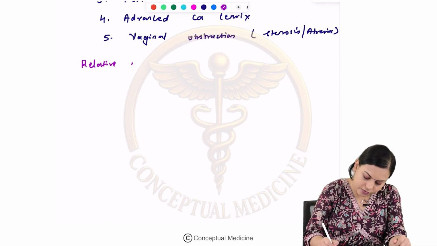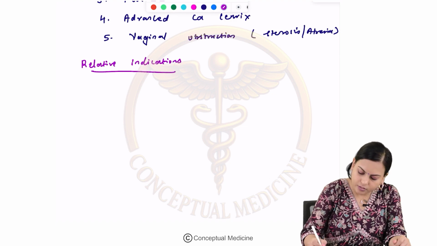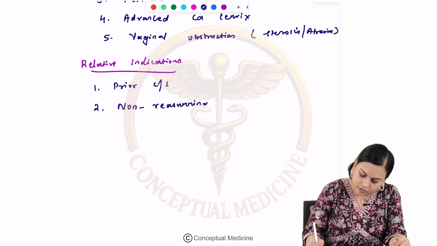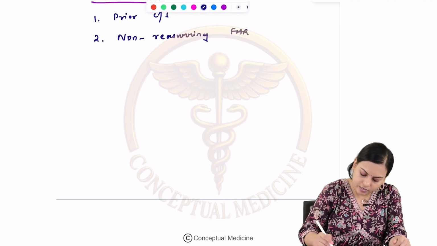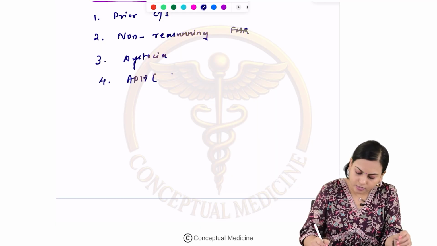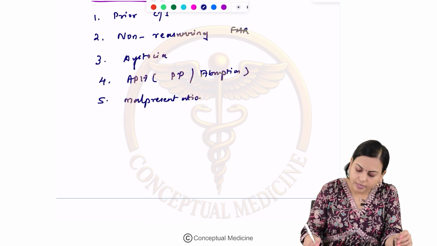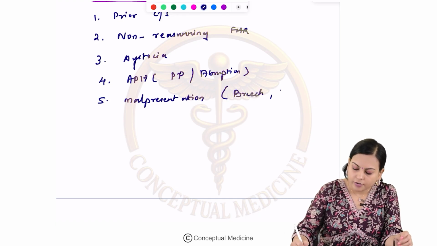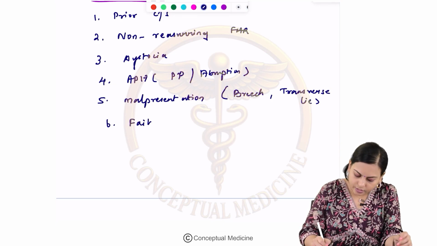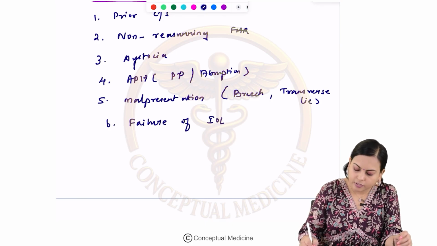Relative indications of Cesarean section include prior Cesarean delivery, non-reassuring fetal heart rate or fetal distress, dystocia, antepartum hemorrhage like placenta previa or abruption, malpresentation like breech delivery, abnormal lie like transverse lie, and failure of induction of labor.